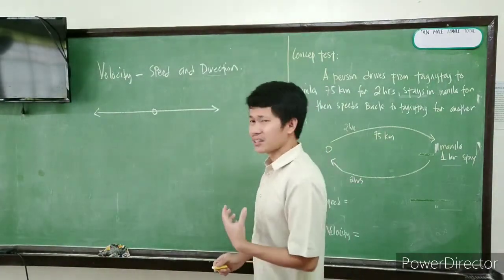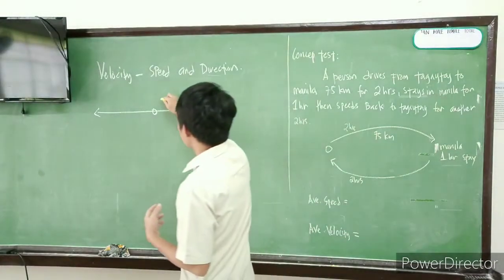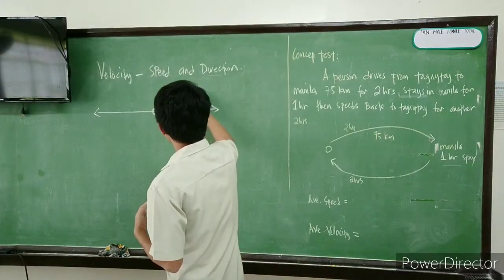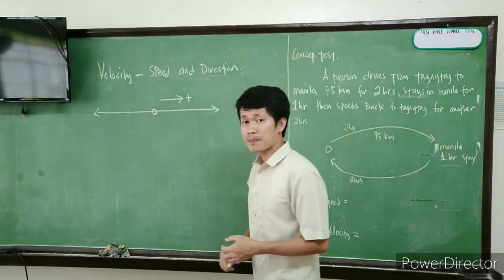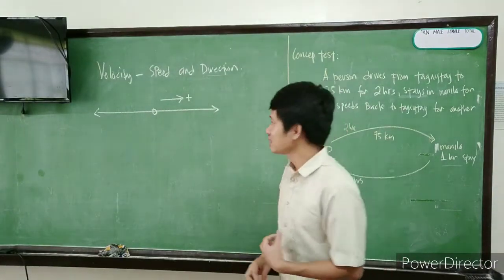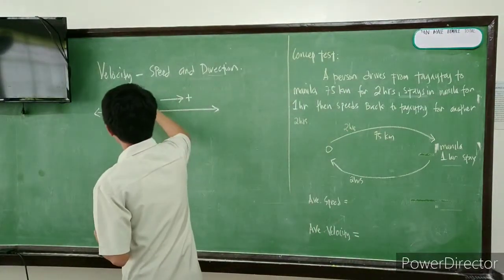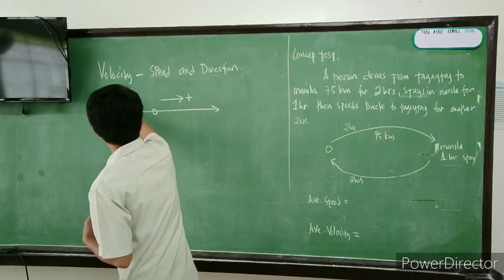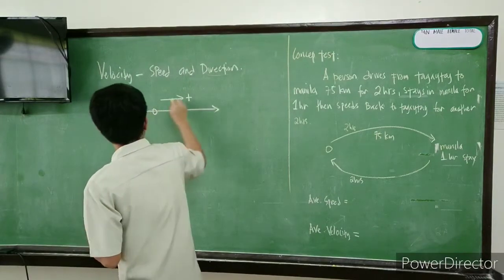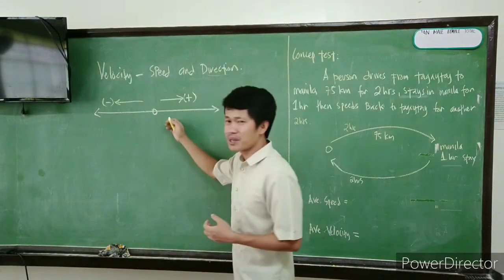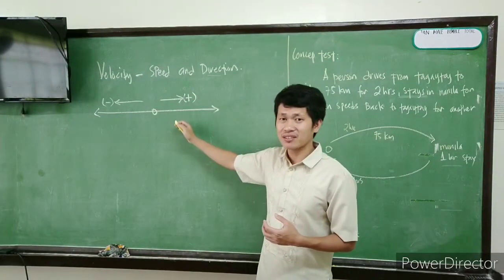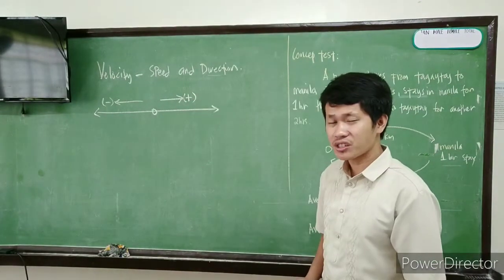Ang convention natin ay if it goes to the right, then it is positive. Tapos, kapag papunta naman ng left, it is negative. So this will be our convention. Let's talk about average velocity.